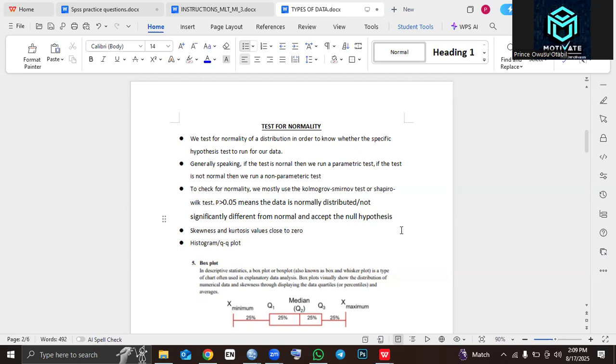But in order to know what test to run, you have to first run a normality test on the data you have collected for your project to know if it is normally distributed or not. I hope you understand. If it is normally distributed, then the p-value is greater than 0.05. If it is not normally distributed, then the p-value is less than 0.05. Okay, moving on.